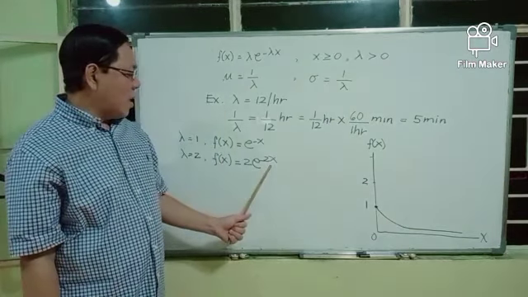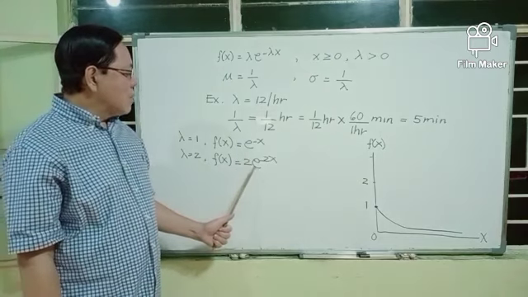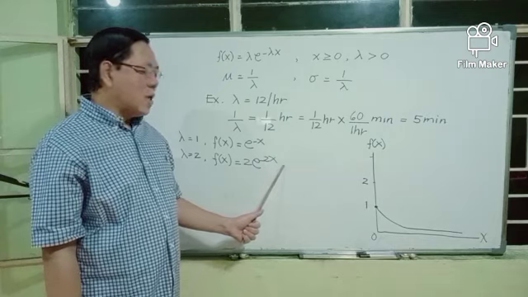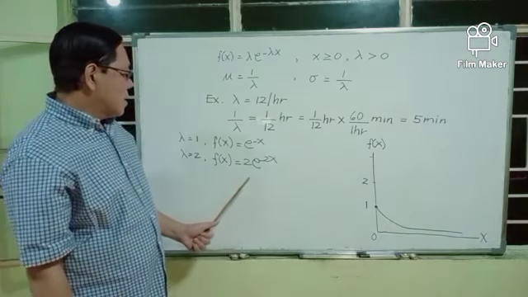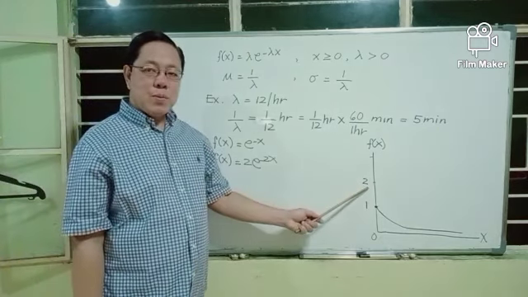And when x is 1, the value of f of 1 is 2 multiplied by e to the minus 2, or 2 over e squared. And that's lower than 2.